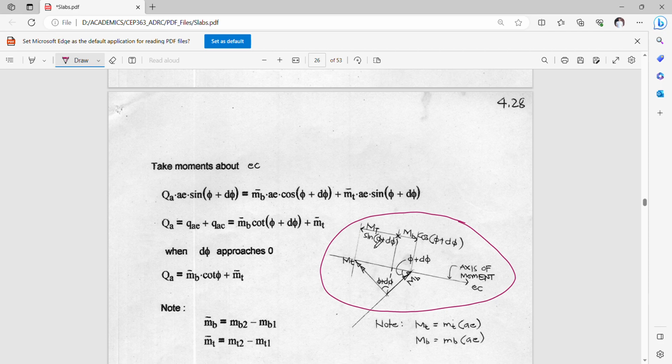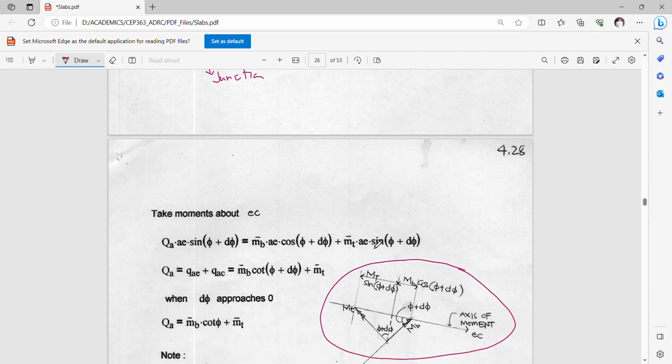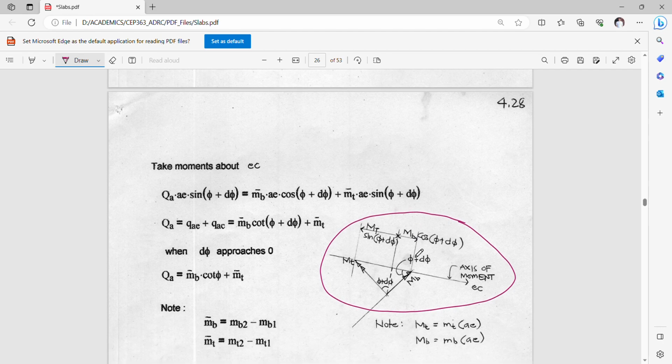This is the triangle upon which we only need to make use of what? Geometric or trigonometric resolution of moments or forces along and about the axis of moment. I use here a double arrow symbol for the torsional and the bending moment.